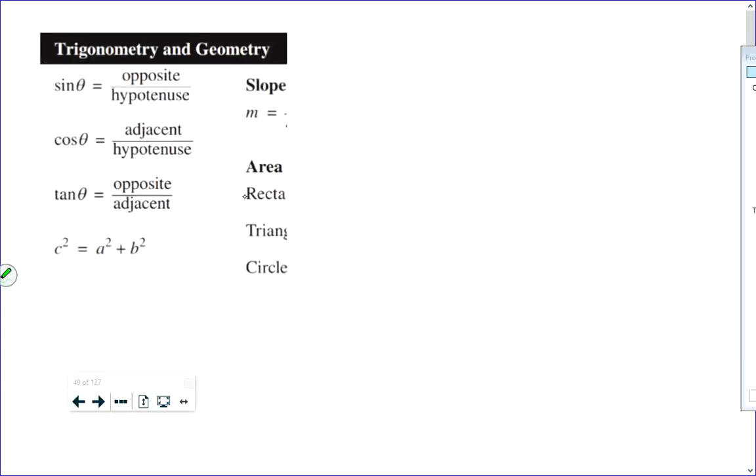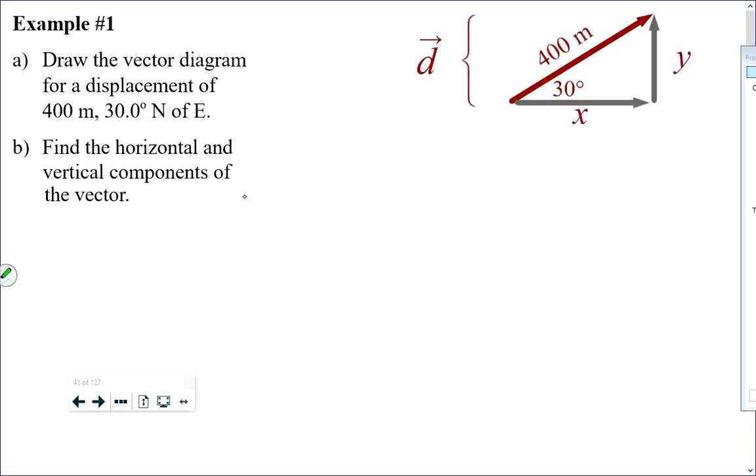Which means your horizontal will always be found using cosine, and your vertical will always be found using sine. And if you establish a pattern that's the same all the time, you're going to be more successful. If you keep tossing a coin as to which you draw first, sometimes your horizontal will be found using sine, sometimes cosine.